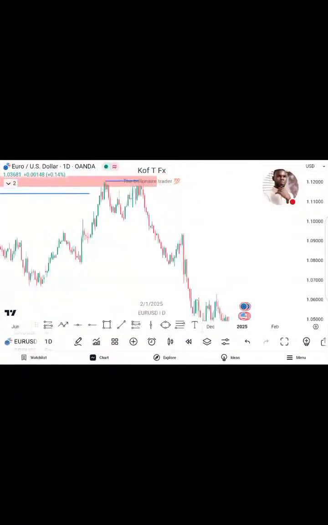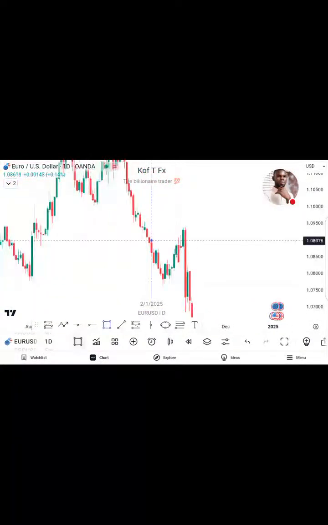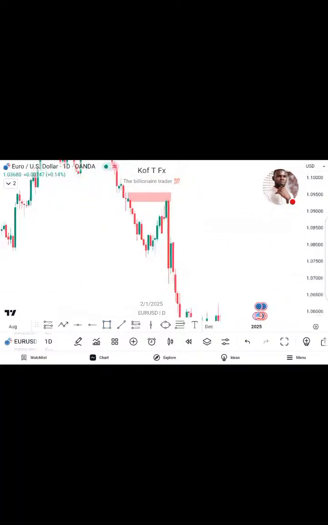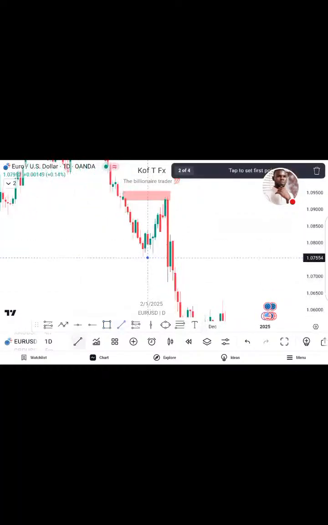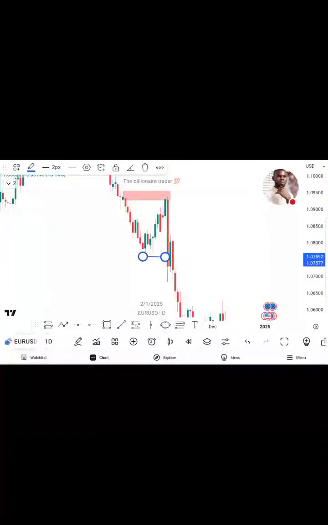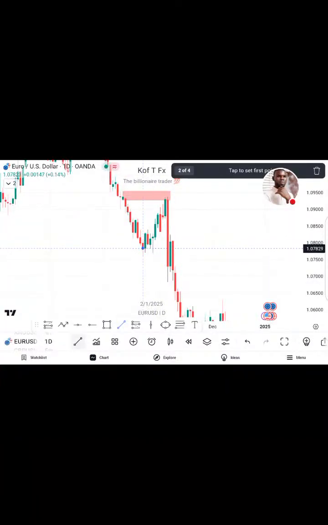So looking at this, we have a mitigation here. Price mitigated that supply zone, and we have this break.